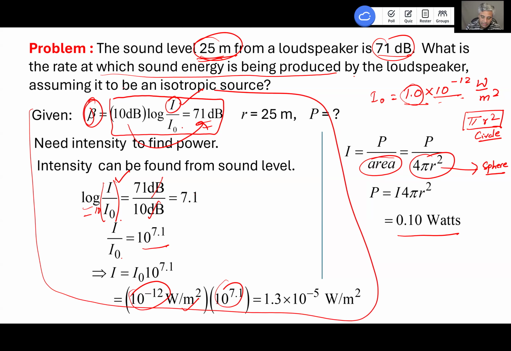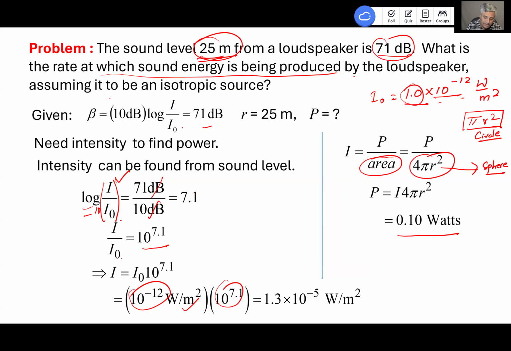So that's how we can use this formula, and you can go all the way around. If you know power, then you can figure out what's going to be the decibel level at a certain distance. You can calculate that, okay? So first you need to find intensity and then plug that intensity in this equation over here, and that's going to give you sound in decibel level. So in this case, we found the power.